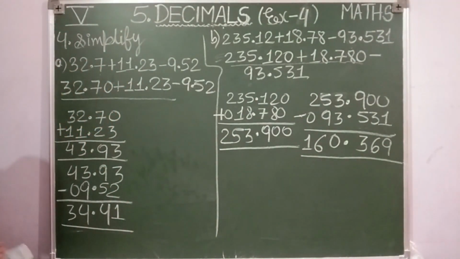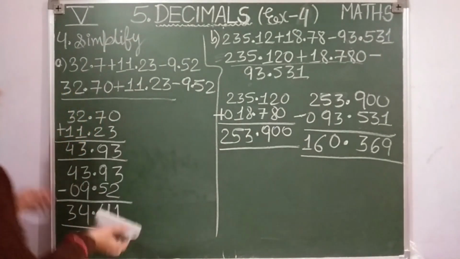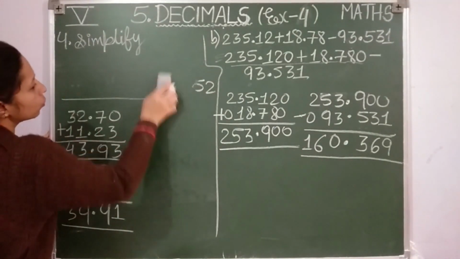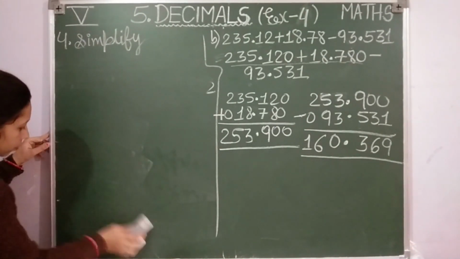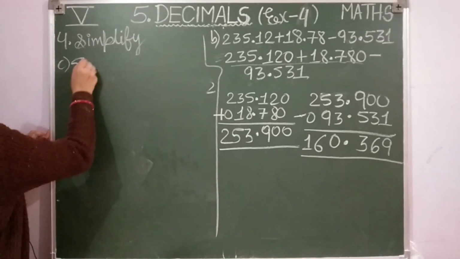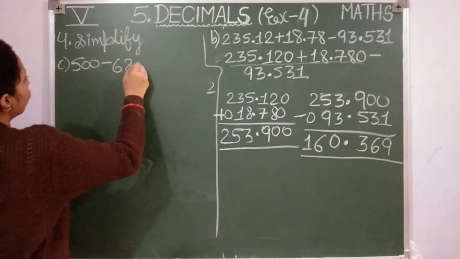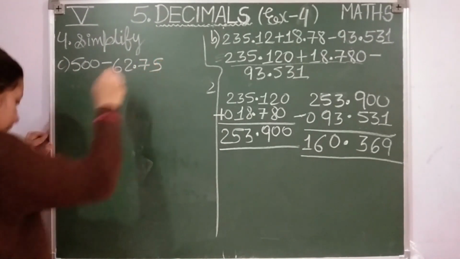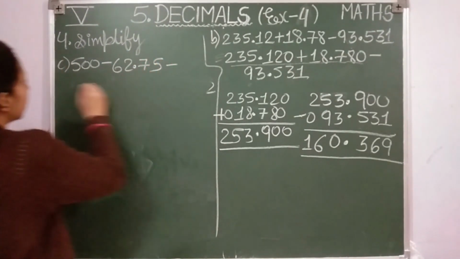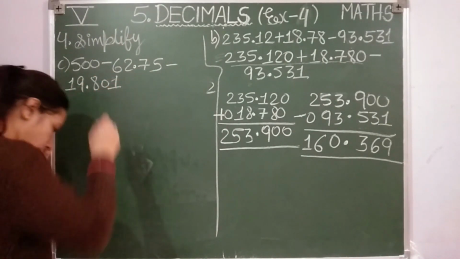So you can note it down. Then we are going to see our point number C. Here itself I am rubbing and writing, students. So point C for question number 4 is 500 minus 62.75 minus 19.801.